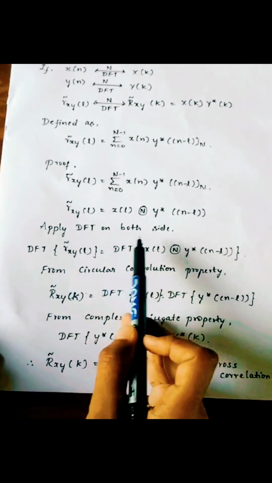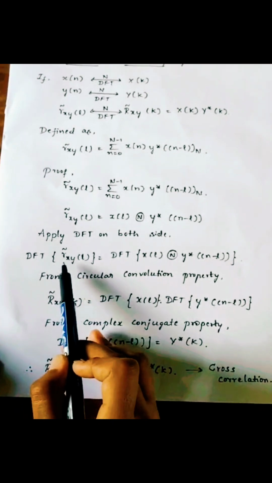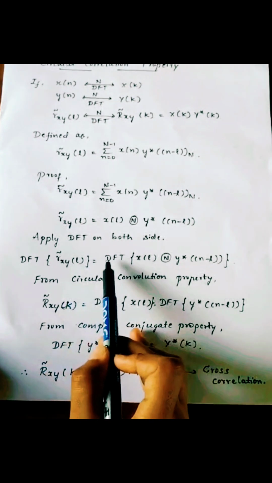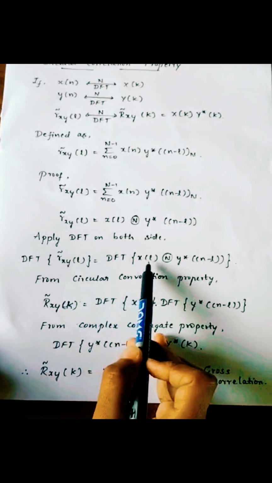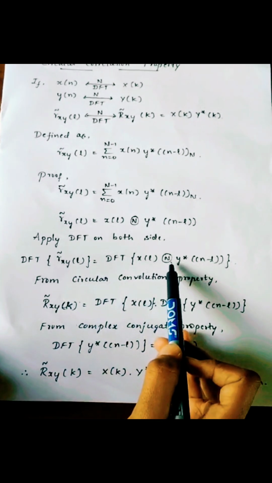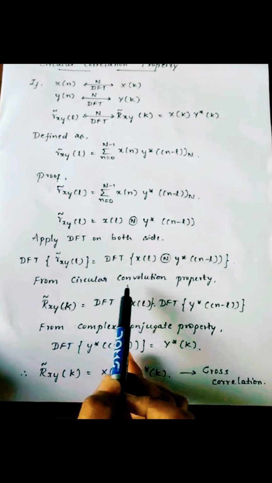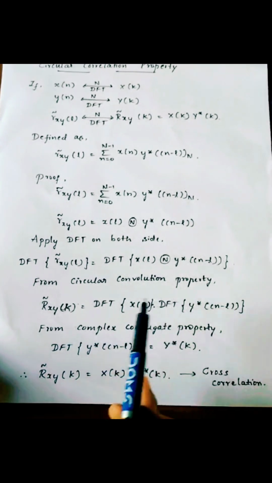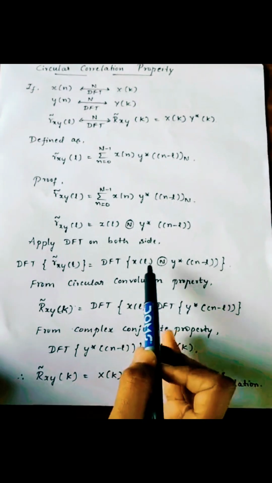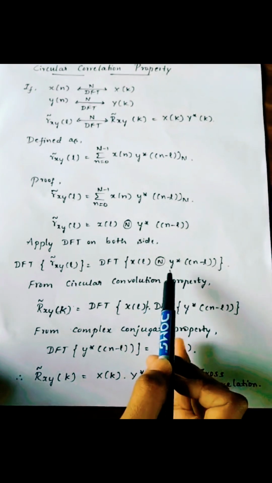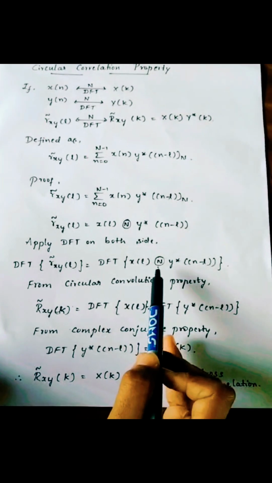Apply the DFT on both the sides. DFT of R xy of l tilde equals DFT of x of l circular convolution with y conjugate of n minus l. From the circular convolution property, the DFT of circular convolution of two sequences is equal to the multiplication of their spectra.